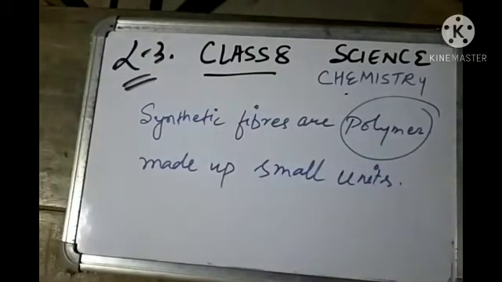In your textbook you have learned that a polymer is made up of repeating small units, and these small units are all chemical substances. Polymer is a Greek word, where poly means many and mer means part or unit.